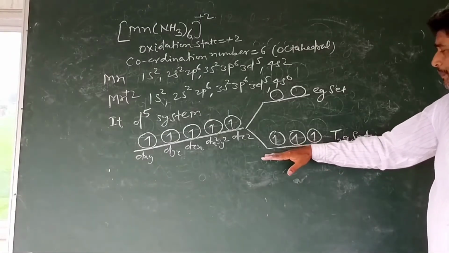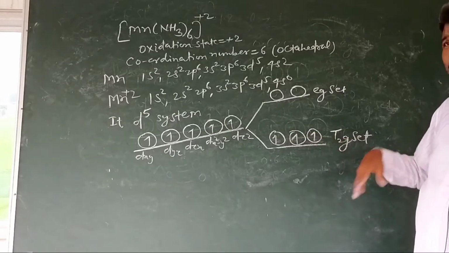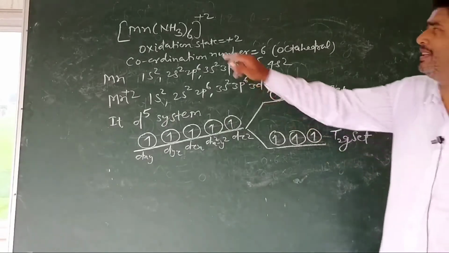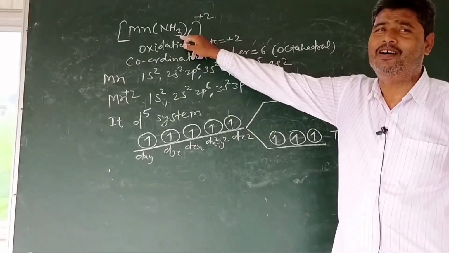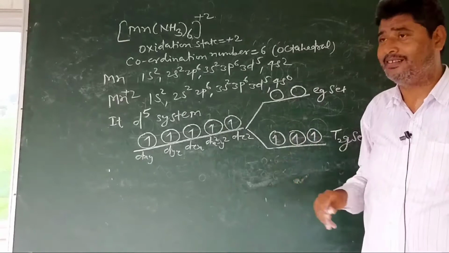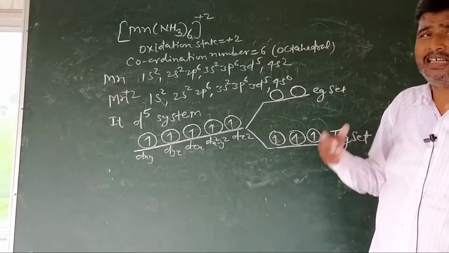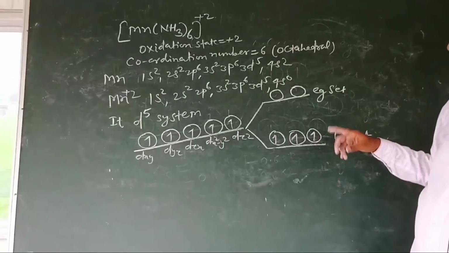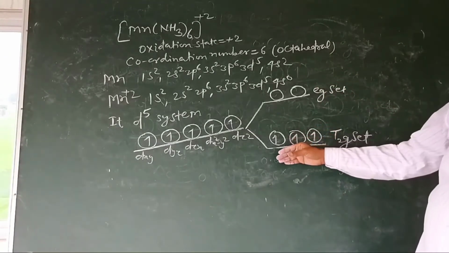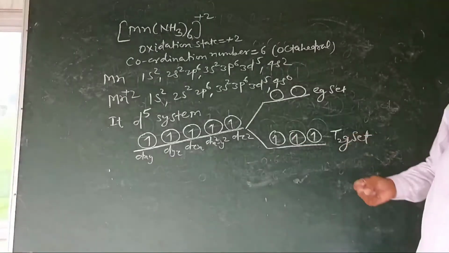After partial filling of T2G, we have to mind the nature of the ligand. Here our ligand is ammonia. Ammonia is a strong ligand. A strong ligand does not allow electrons to enter EG until the low energy level T2G set is completely filled.